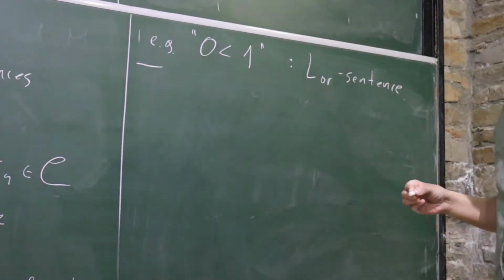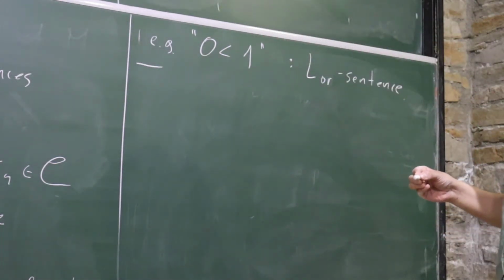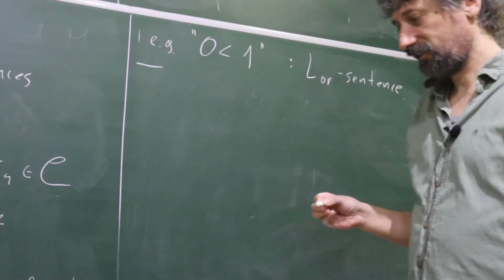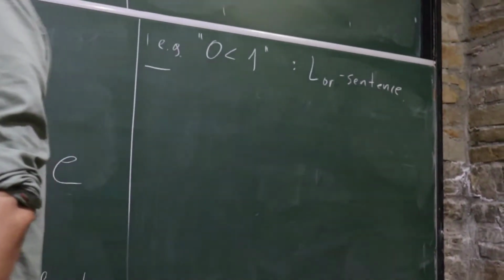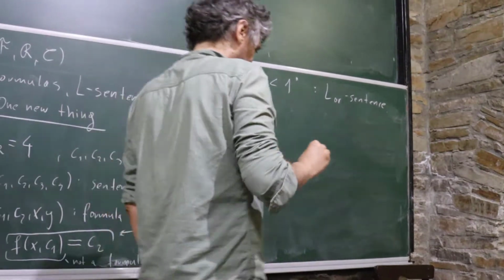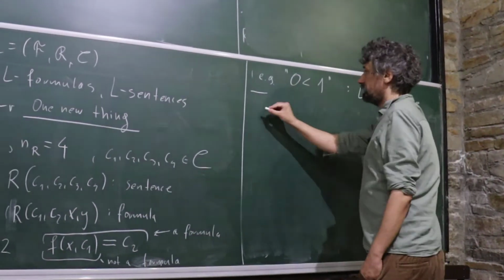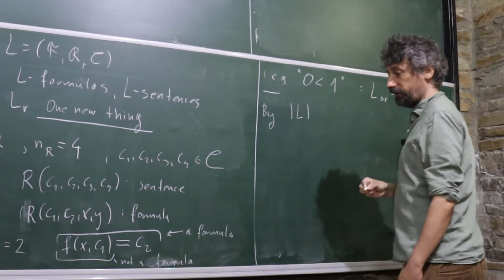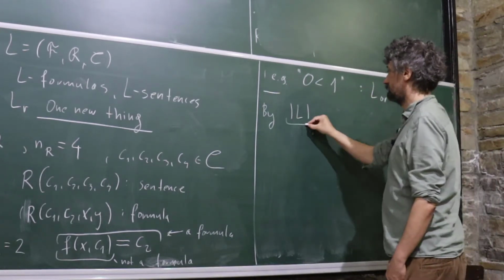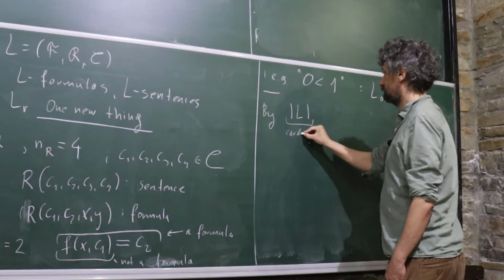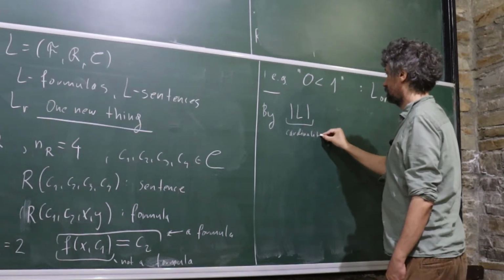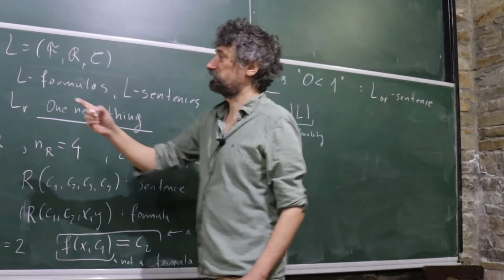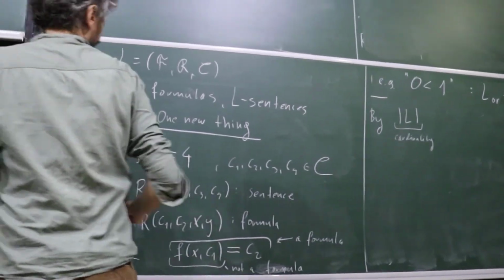Okay, so next week we will prove the compactness theorem. And for that, so more set theory, sorry. Cardinalities will be important. So by the cardinality of the language, we don't mean just 3, which will be here.